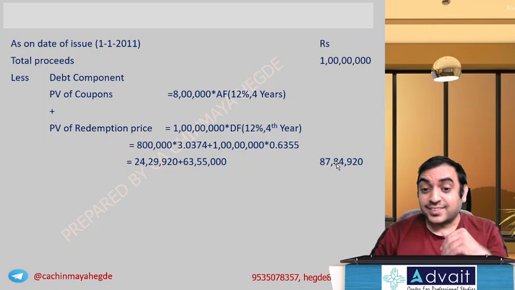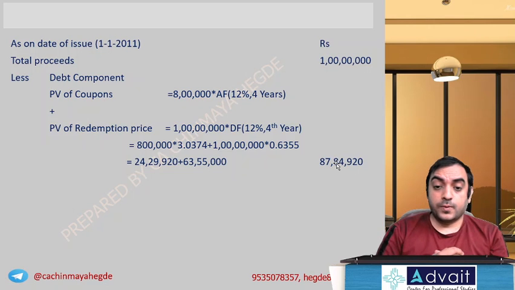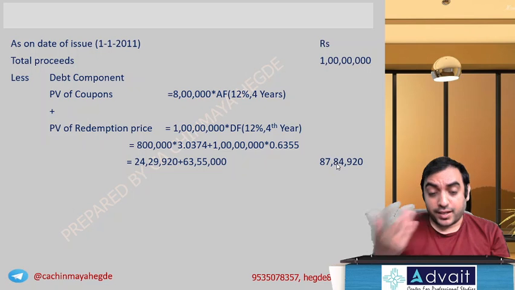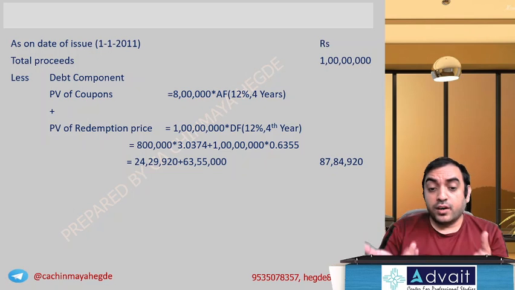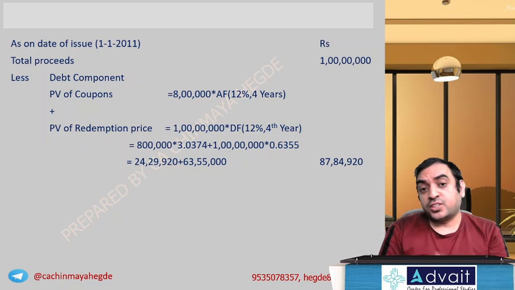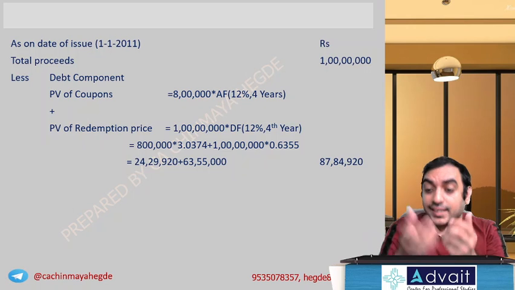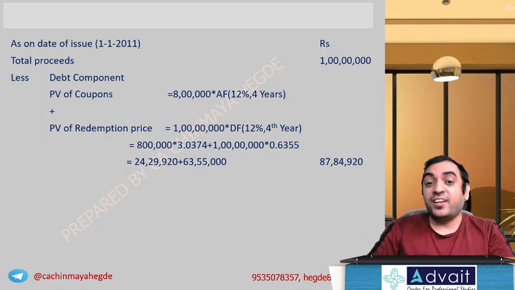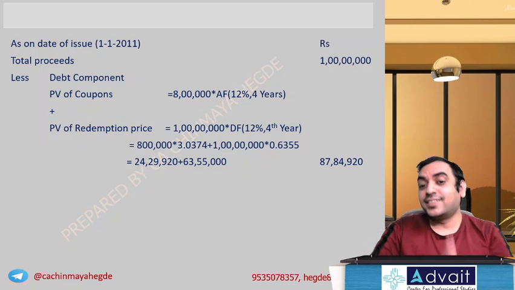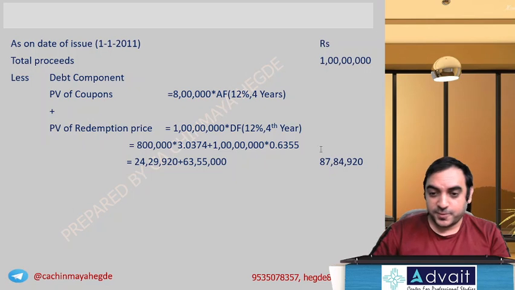So you are receiving 1 crore, 100 lakhs. But if you did not give the conversion option, then the person would have given only 87 lakh. So why are you receiving more? That extra received is the benefit received by the company towards the conversion option.